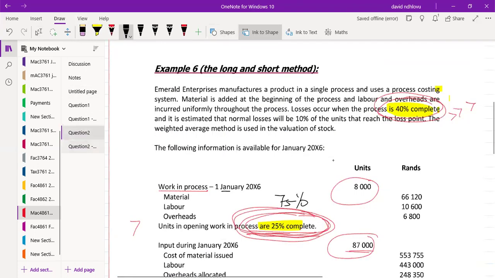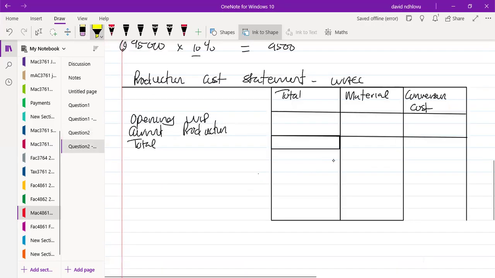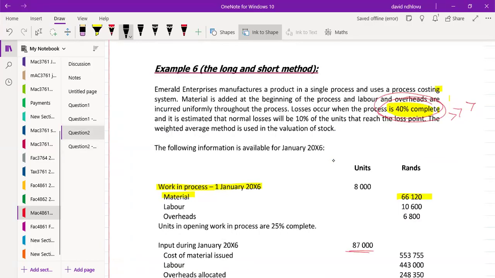If you go to the question, on the opening WIP, they will give you the related costs. So we see WIP 1 January, material was 66,120. This was the cost of the material that was in opening WIP. Conversion cost, remember, is direct labor plus overheads.